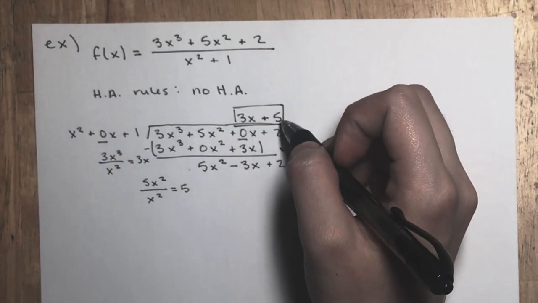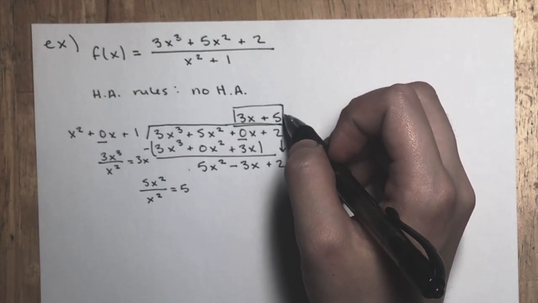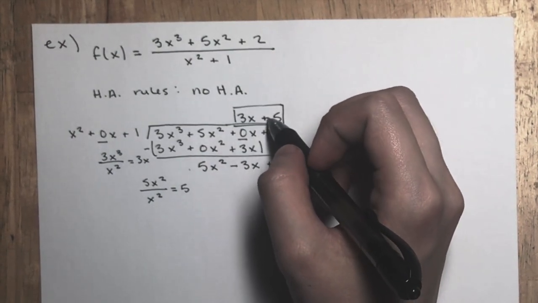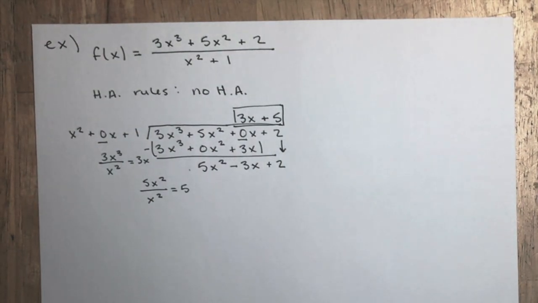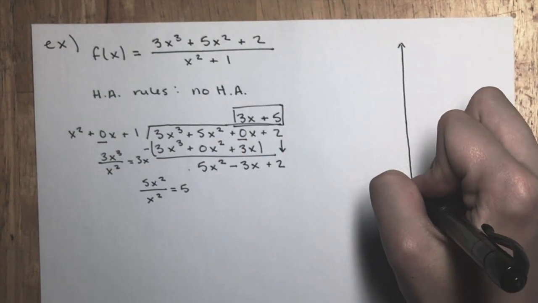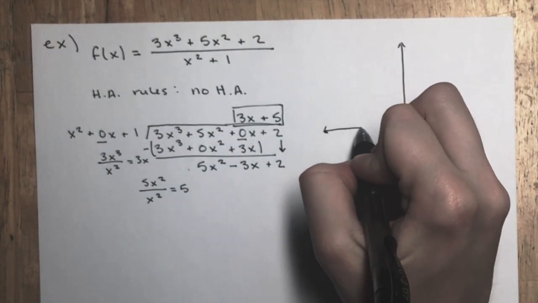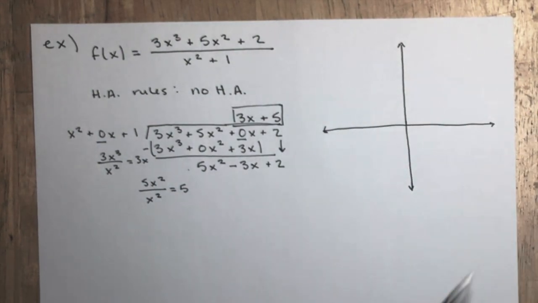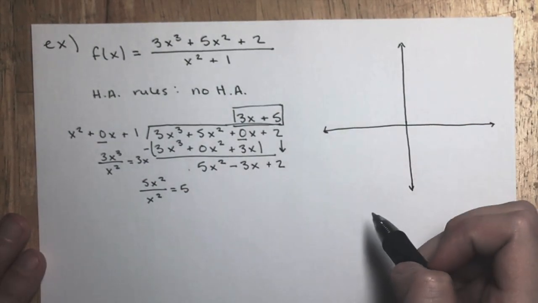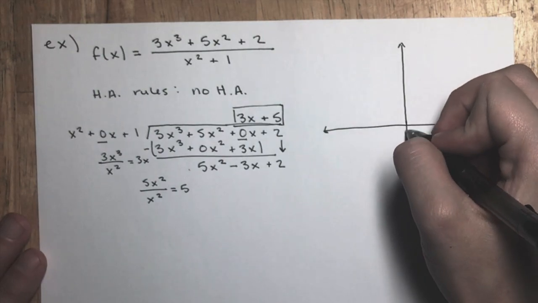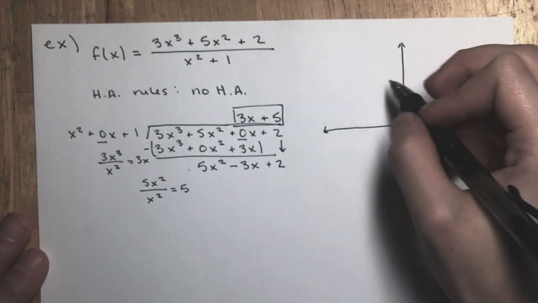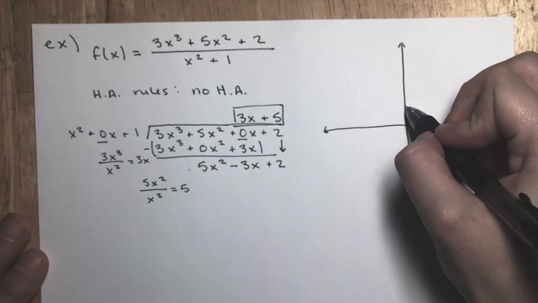So what does this mean? We didn't get a number here, and we know that we don't have a horizontal asymptote. So what does it mean that we have 3x plus 5 here? Well, let's look at the graph. So first of all, let's draw the line 3x plus 5. 3x plus 5 has a vertical intercept of 5, and it has a slope of 3.